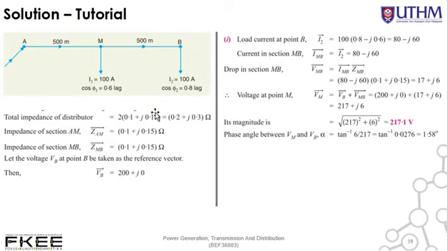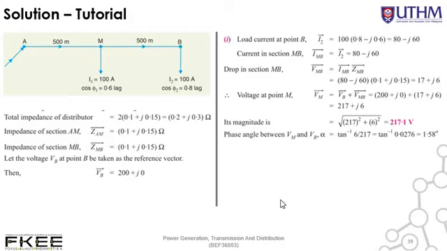The impedance given by the question is 0.1 plus j0.5 ohm in each section, which is ZAM and ZMB. Voltage VB is maintained at 200 volt, or in polar form 200 angle 0.